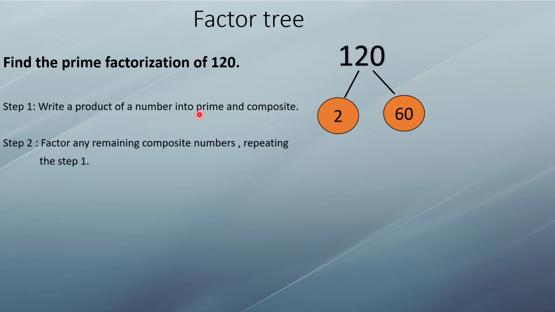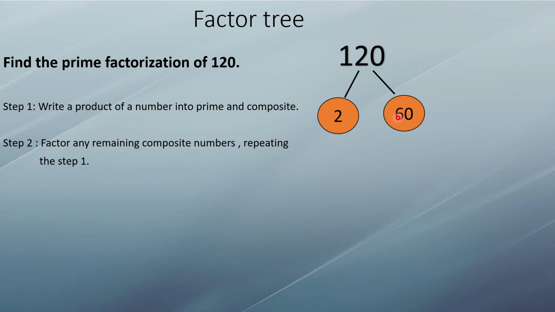Step 2, factor any remaining composite numbers, repeating step 1. Okay, so these are the composite numbers. So we're going to find the factors of this number, repeating the same step.